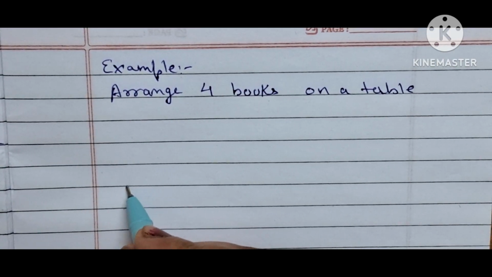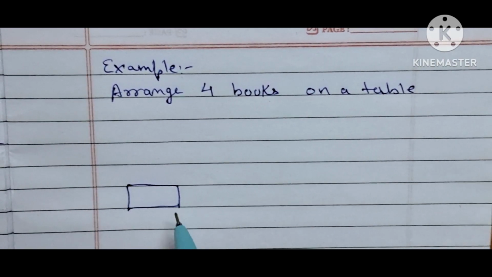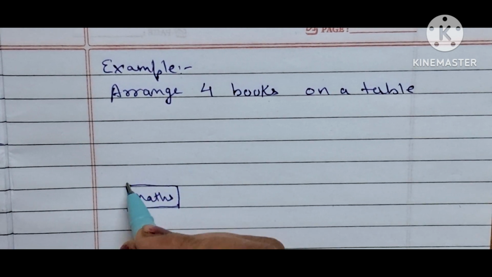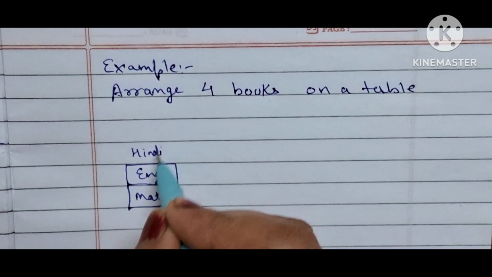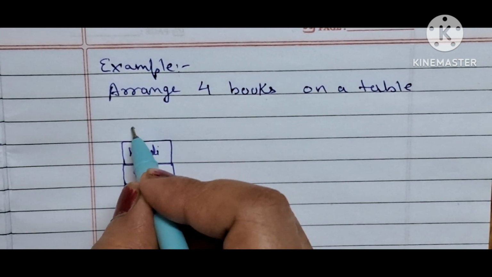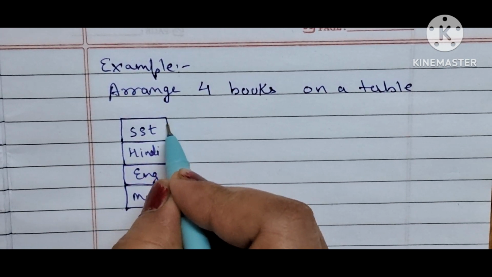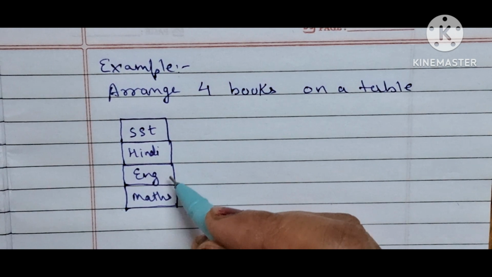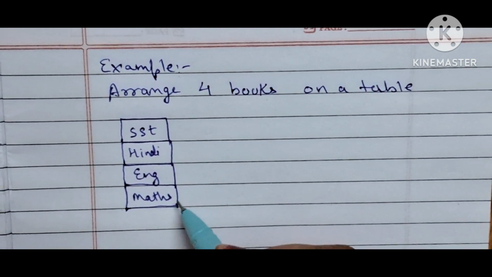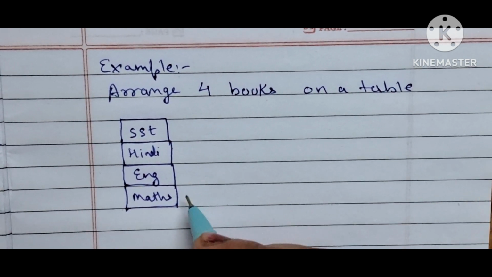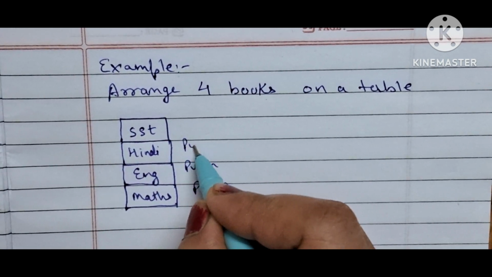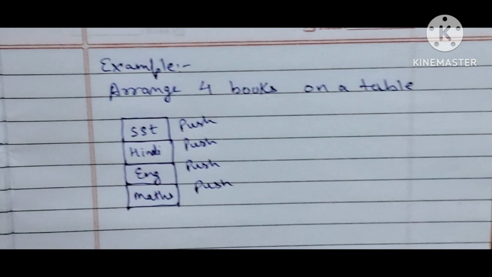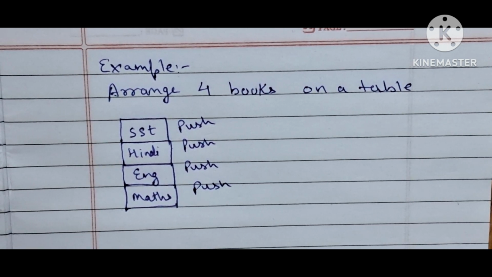We will first put the maths book, then over that the English book, over that the Hindi book, and last the SST book. So it will form a stack on which 4 books are placed. So we first push the maths book, then English, then Hindi, and at last we have pushed the SST book. In this way we insert the elements onto the stack.